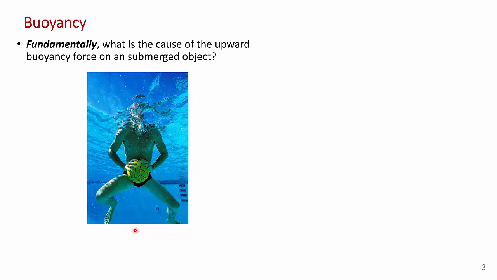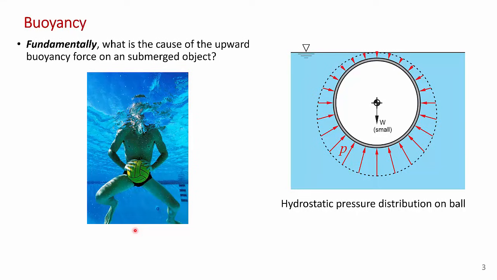In the previous video, we talked about hydrostatic forces on curved surfaces, and we drew diagrams like this. So imagine this is your ball. There's a little bit of weight, but it's relatively small, as you know, relative to the buoyancy force. And you have a pressure distribution, and the pressure distribution increases with depth. It's always normal to the surface.